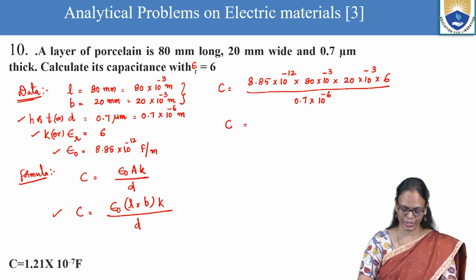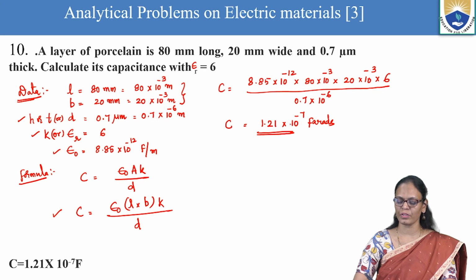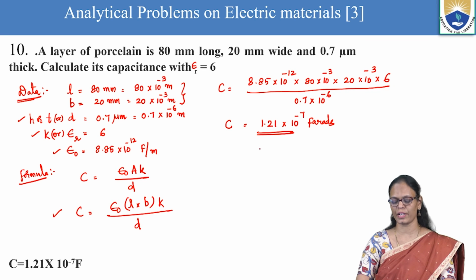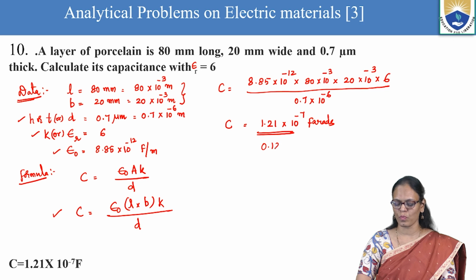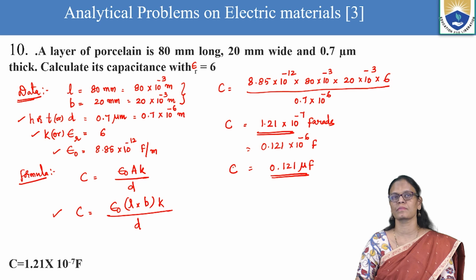So simplify, you get 1.21 into 10 power minus 7 farads. So this is the capacitance. Or you can also write it in microfarad as 0.121 into 10 power minus 6 farad, or just to know the conversions, 0.121 microfarad. This is the capacitance.